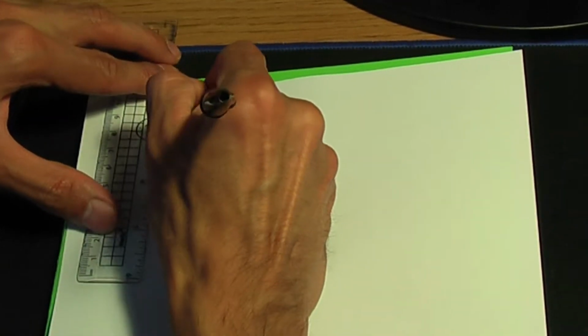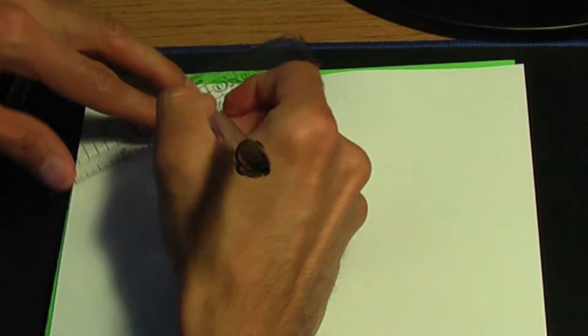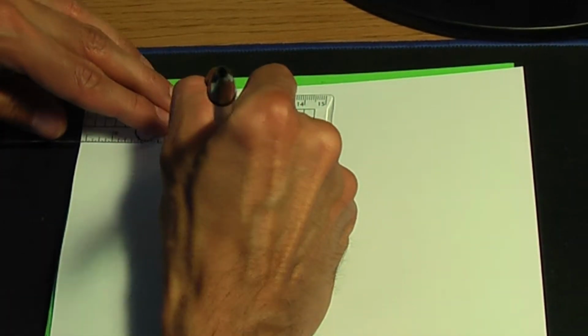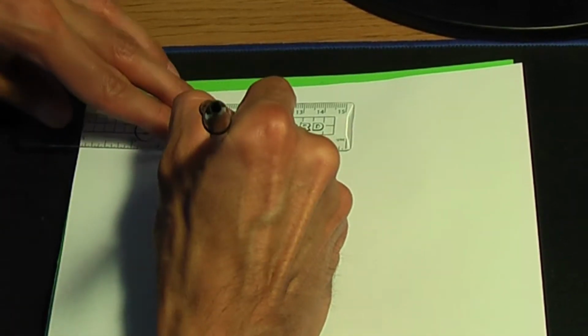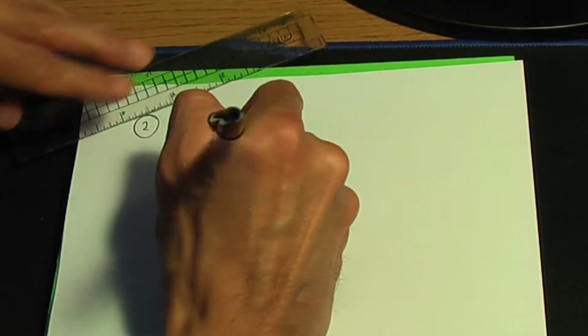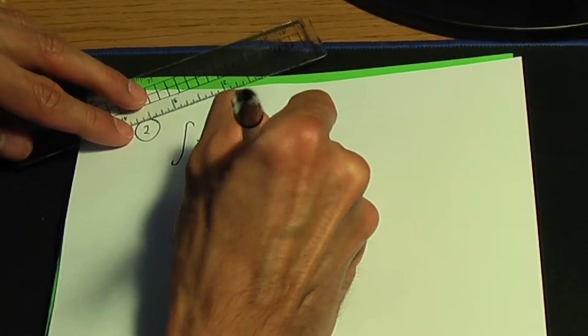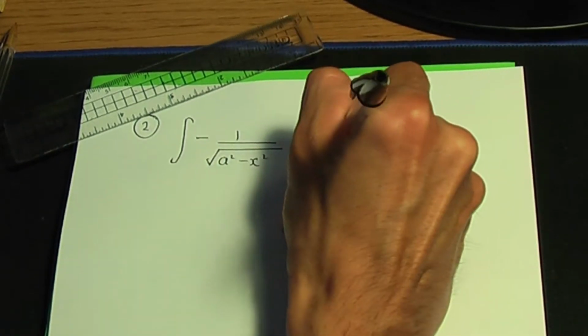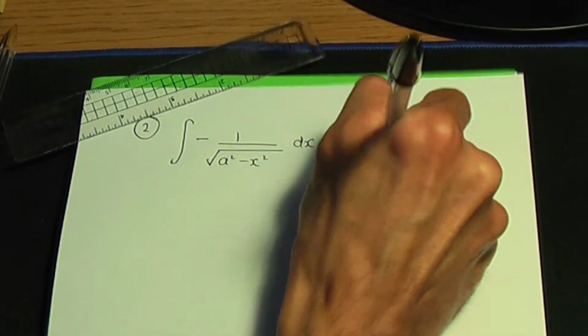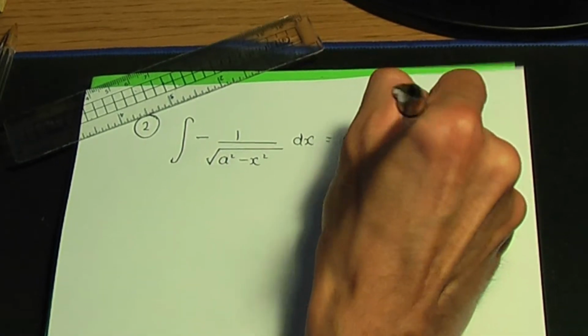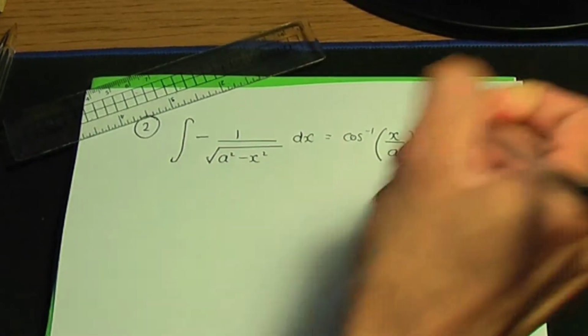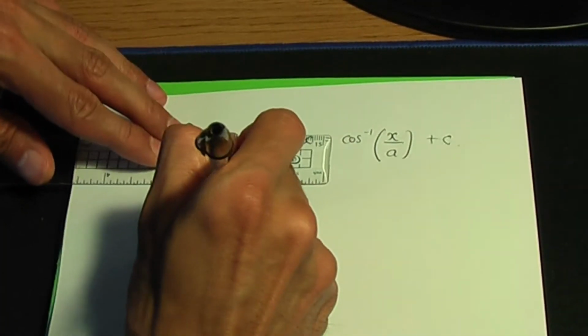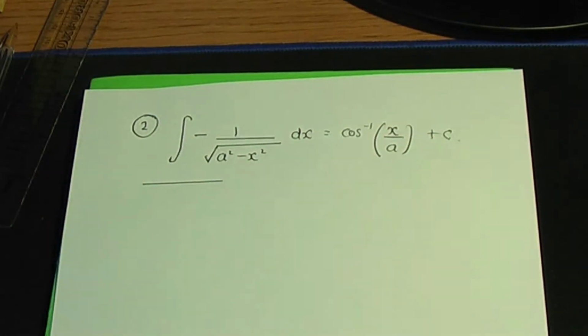Whenever you integrate minus 1 over the root of a squared minus x squared with respect to x, the result is going to be cos inverse x over a plus c. So again, a is a constant in this integral.